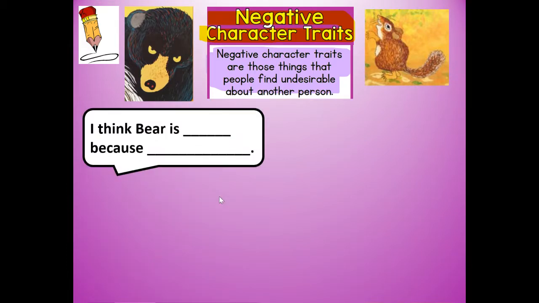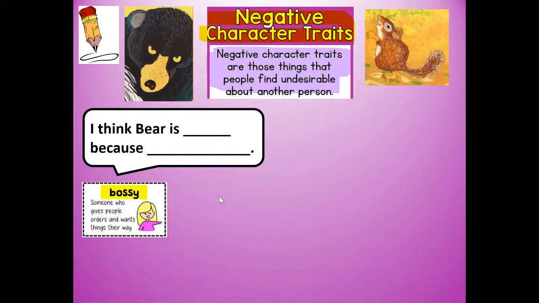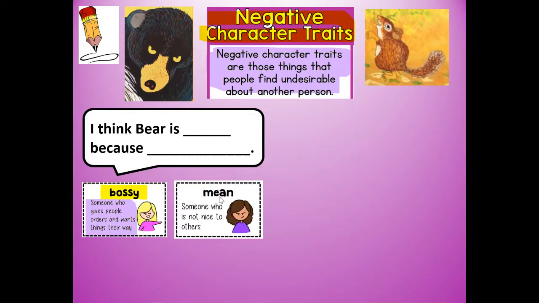So how do you think Bear is on the inside? Not what he looks like, but how he is on the inside. I think Bear is blank because, so do you think Bear is bossy, someone who gives people orders and wants things their way? Or do you think Bear is mean, someone who is not nice to others?